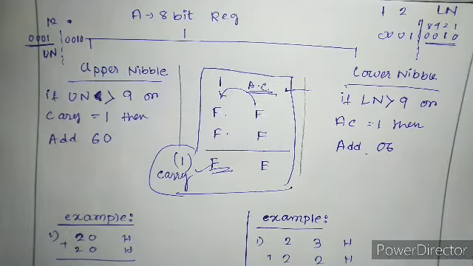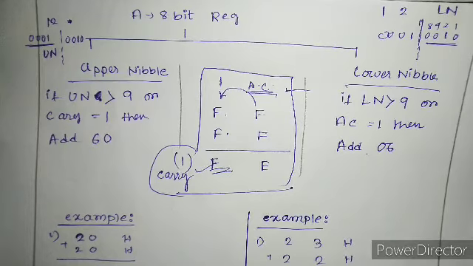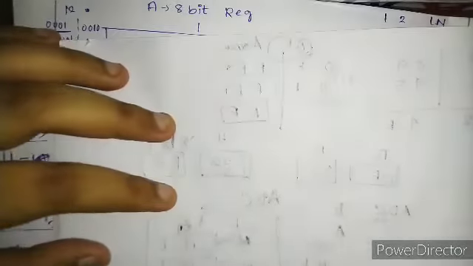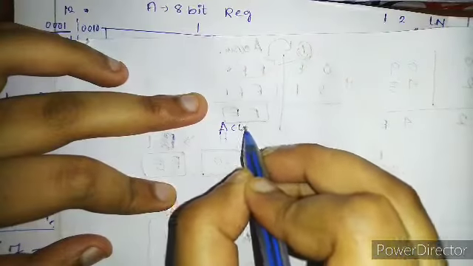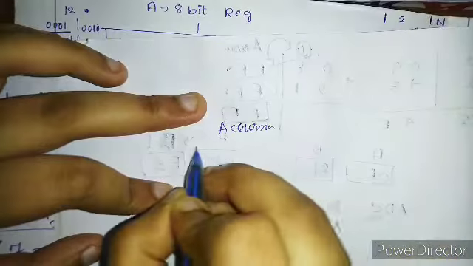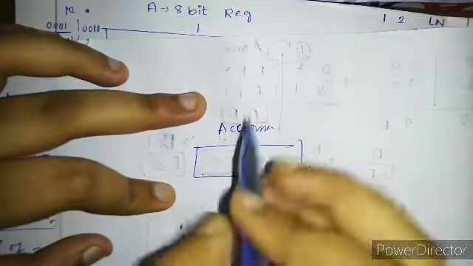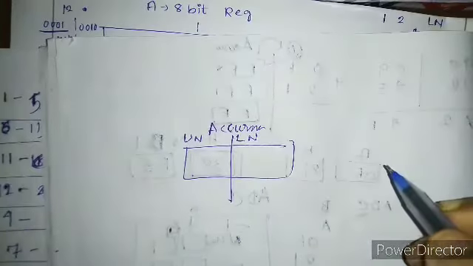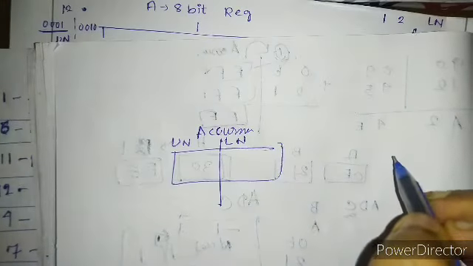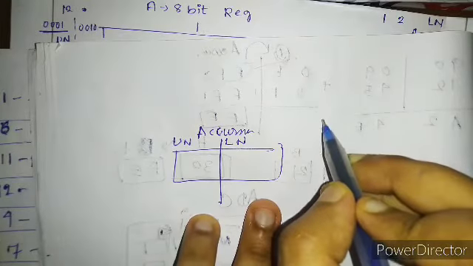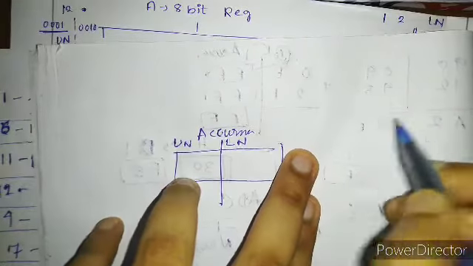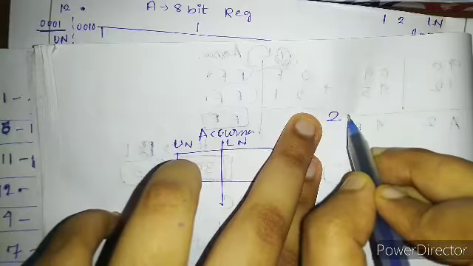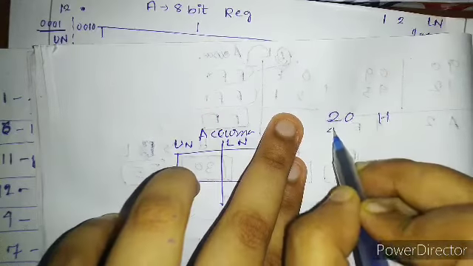Now what operations are to be done in DAA? In the accumulator there will be an 8-bit value: upper nibble, lower nibble. First, what we have to do is the addition. Just take some easy examples, I'm not getting tricky now. 20H plus 40H.